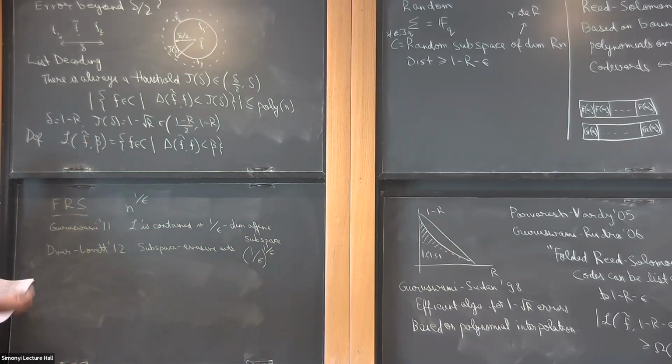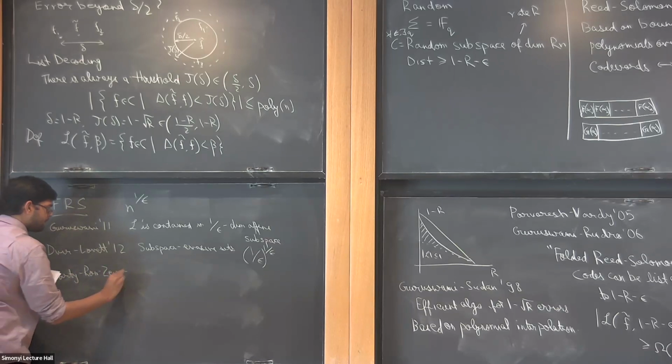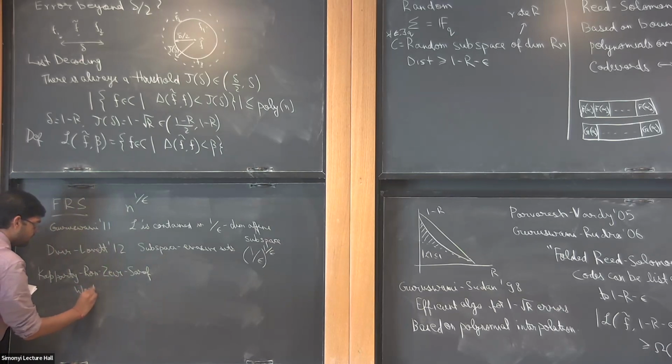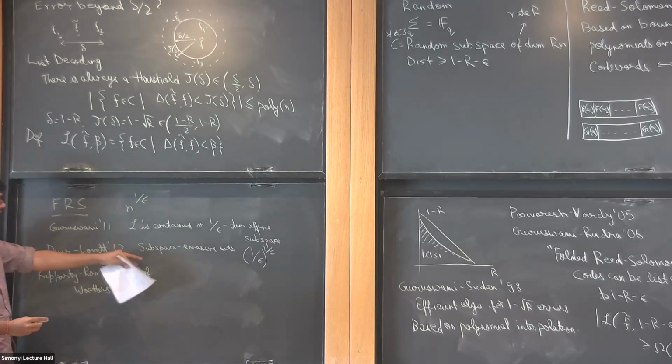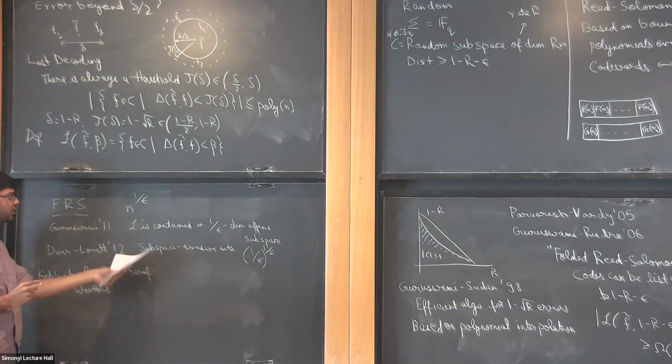Then there were other works also trying to use other variants of codes. But Kopparty, Ron-Zewi, Saraf, and Wootters showed that folded Reed-Solomon codes themselves, just using the fact that the list is contained in these constant dimensional affine subspaces, well, we don't need to do this pre-encoding.